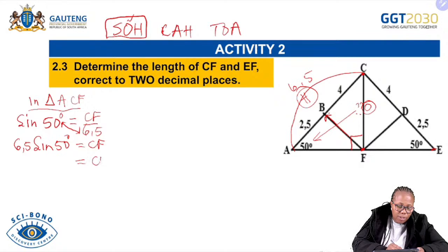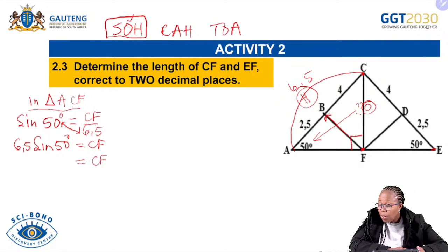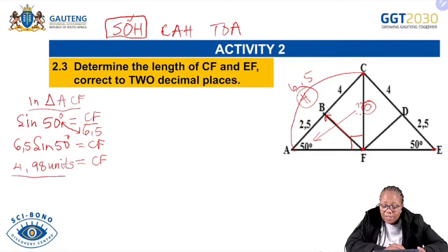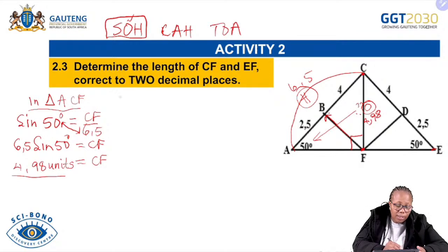And therefore your CF, into your calculator, this will give you how much? The 4,98 unit, because we are not given any units, they will just indicate units there. So that is the CF. So CF is 4,98. We have just calculated that.